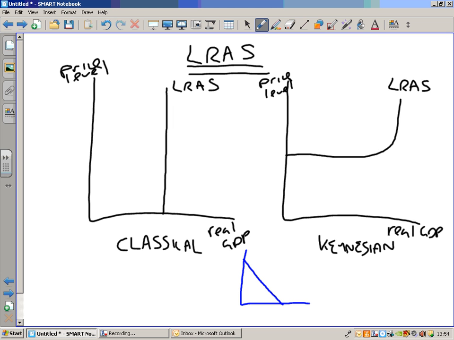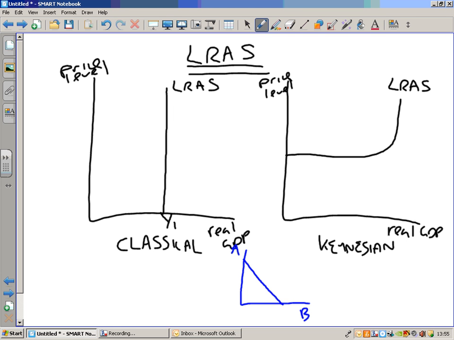So we can see we've got a country here that can produce either product A, product B, or a combination of them both. The production possibility boundary represents the maximum that the economy is capable of producing. An LRAS curve shows exactly the same thing. So if we look at the classical LRAS curve, this economy cannot produce beyond Y1. It's the absolute maximum that this economy is capable of making.